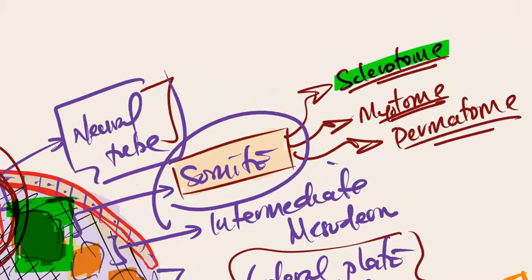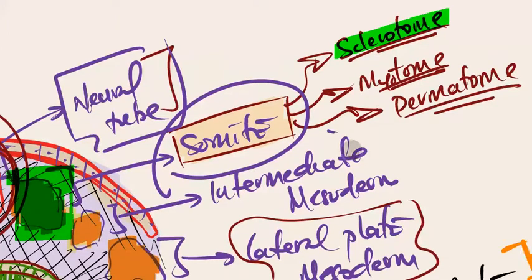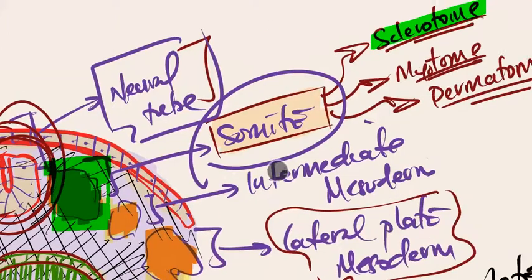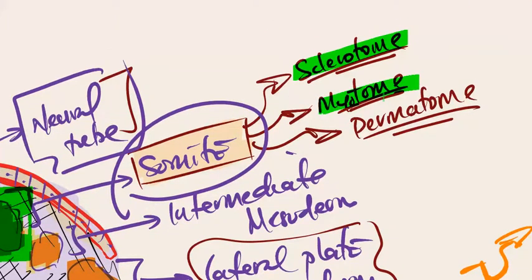There's a sclerotome, which gives rise to the vertebral column, lining the spinal cord. That makes sense: if this is right next to it, the bone that should envelop the neural tube should be right next to it. Then it's going to give rise to the muscles of the back, and also to components of the skin.